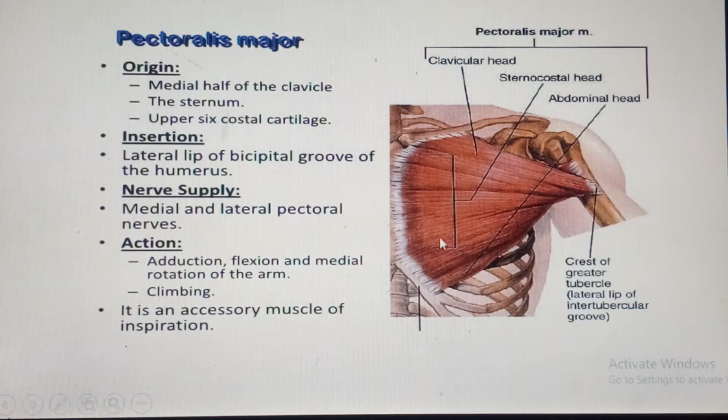Augmenting the function of the latissimus dorsi as far as climbing is concerned will be the pectoralis major muscle. I already told you that these muscles are important accessory muscles of the thorax as far as respiratory movement is concerned.